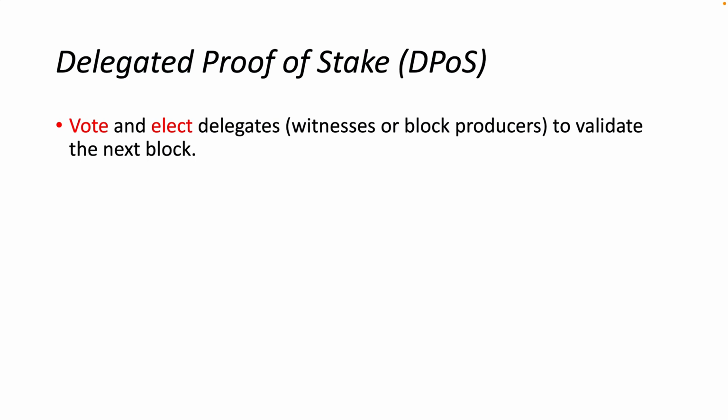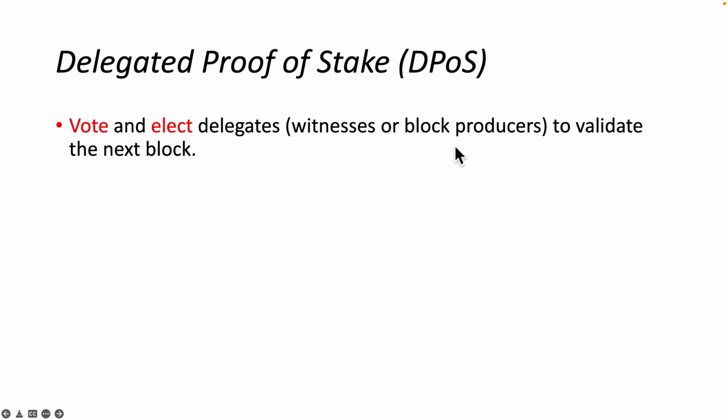So delegated proof of stake is like an evolution of the proof of stake concept. Users of the network can vote and elect delegates to validate the next block. And delegates are also called witnesses or block producers.